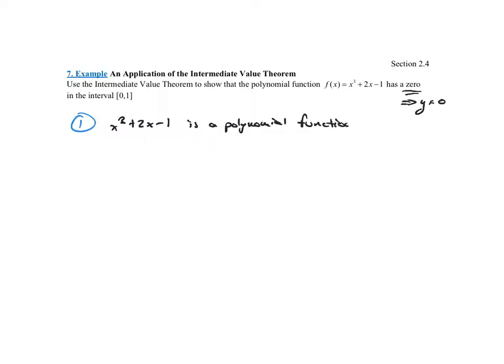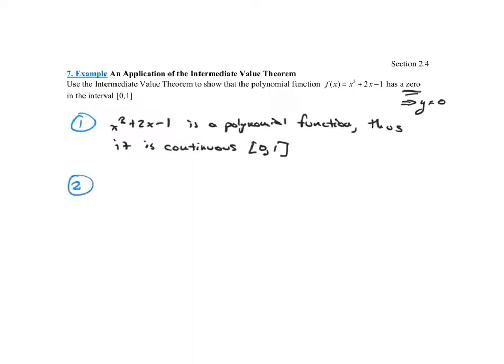And because it's a polynomial function, I'm going to say thus, it is continuous on the closed interval, bracket 0, 1, bracket. Polynomial functions are continuous everywhere, but what I care about is that it's continuous on the closed interval.